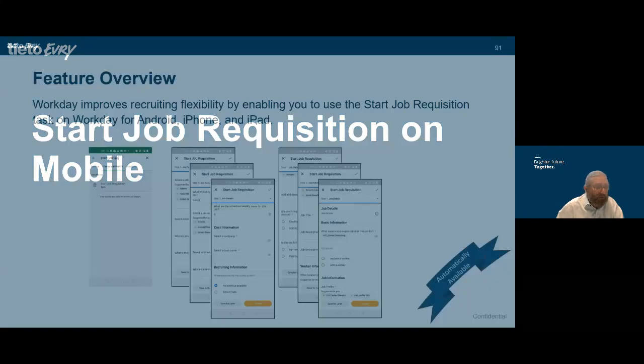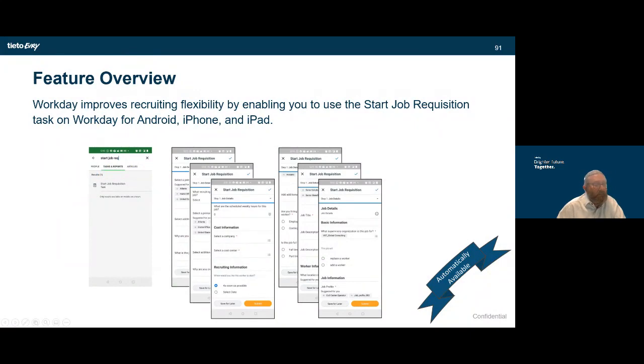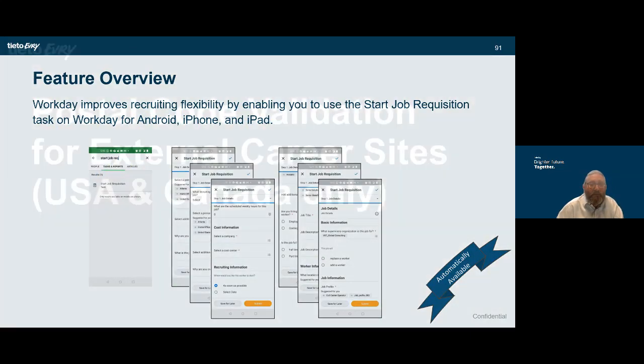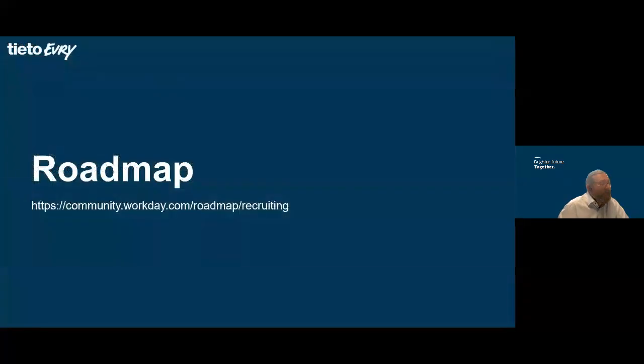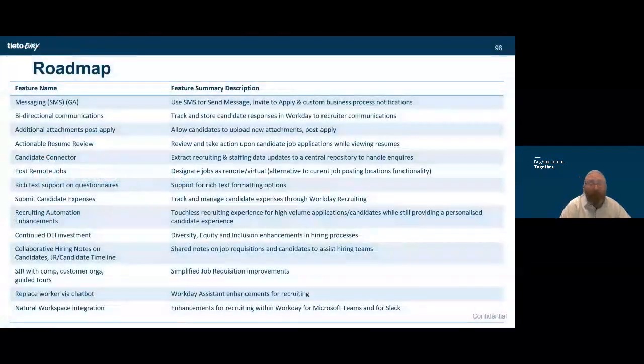We can start job requisitions on mobile, and for USA and Canada only, postal code validations are on when candidates sign up for their candidate home account on your external career sites. And then there was a roadmap, and again, I'll leave this in here for you to review.